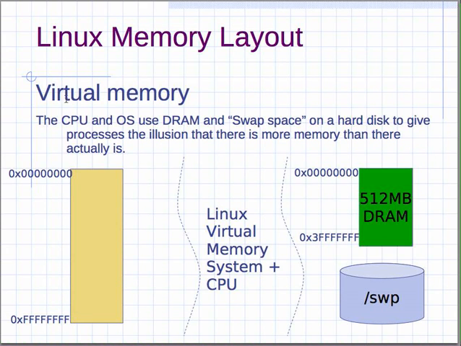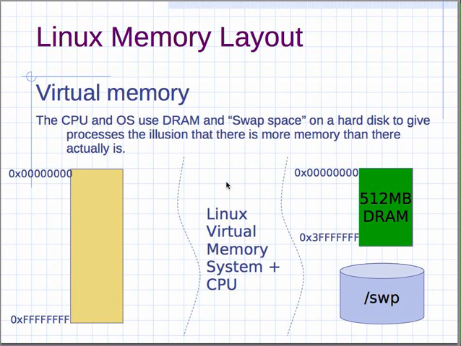So how are you able to run a program which sees memory as a single 4 GB chunk, but only have, let's say, 512 megabytes or half a gig of DRAM?